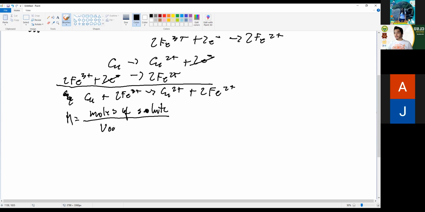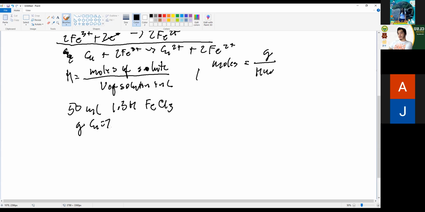Ayan. So, ang given is meron daw tayong 50 ml ng 1.3 molar ng FeCl3. Tapos, ang hinahanap, grams ng copper. Yan.